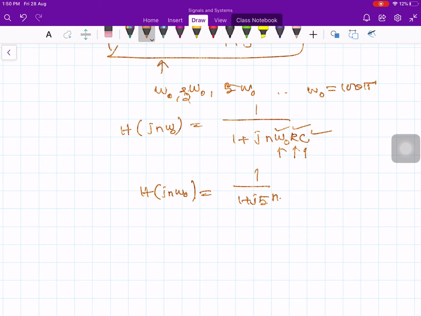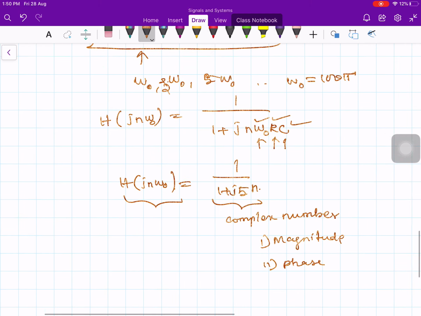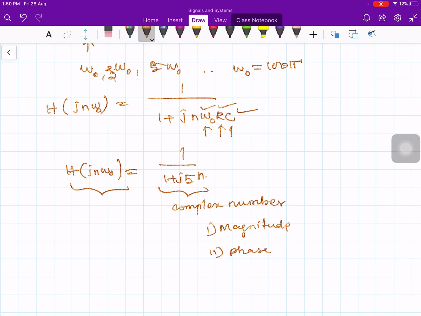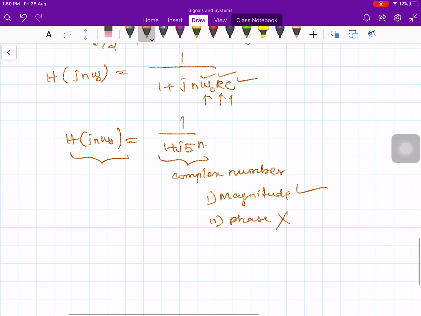We are not really interested in the angle, because generally this is a complex number, and a complex number has magnitude and phase. But here we would like to evaluate only the magnitude and not the phase. We would like to know only the magnitude in our problem.